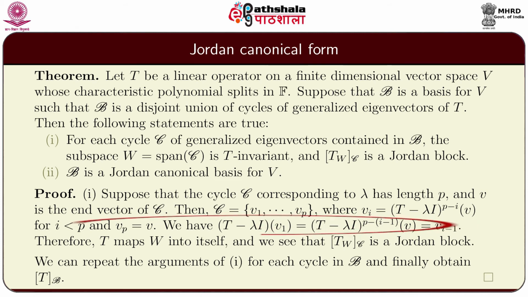We have (T minus lambda I) of vi which is (T minus lambda I) raised to p minus i plus 1 of v, and that is v(i minus 1). Therefore, T maps W into itself and we see that T restricted to W is a Jordan block. We can repeat the arguments of 1 for each cycle in B and finally obtain the matrix representation of T with respect to B.